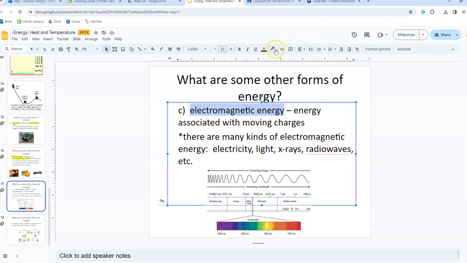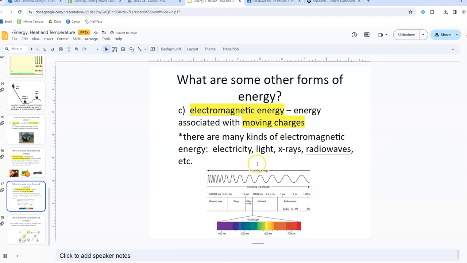Electromagnetic energy is the next one. And electromagnetic energy is associated with moving charges. So we know that in order to be charged, we have to have electrons. So this is those moving electrons that is causing this electromagnetic energy. And there's a bunch of different kinds.